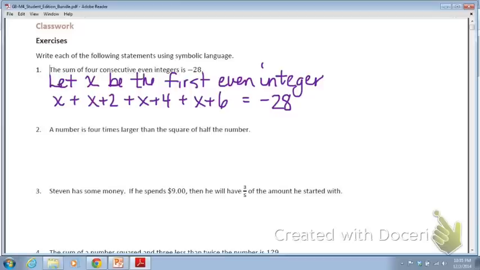So the first even integer is x. The second is x plus 2. The third is x plus 4. And the fourth is x plus 6. And if I add those all together, you see the addition signs in between each one of those. If I add those all together, I get negative 28.